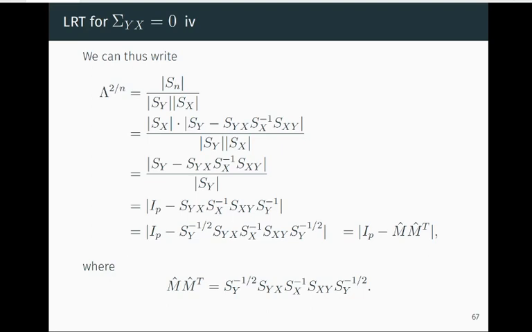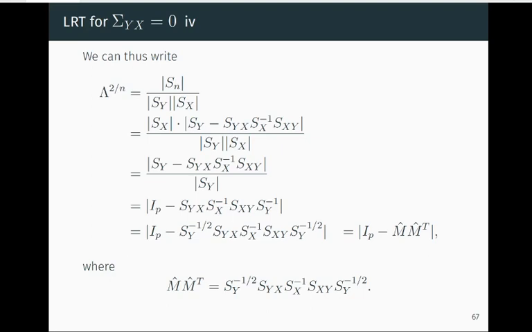We can again use the same property of the determinant if we multiply by the inverse of S_Y. If we multiply by S_Y to the 1/2 on the right-hand side, and on the left-hand side we multiply by S_Y to the negative 1/2.